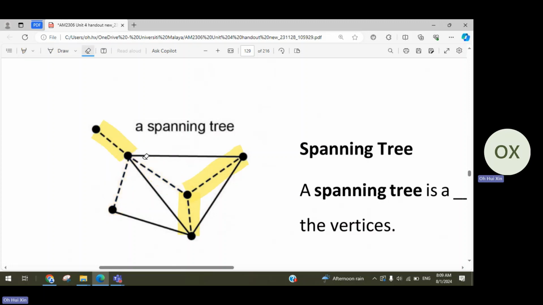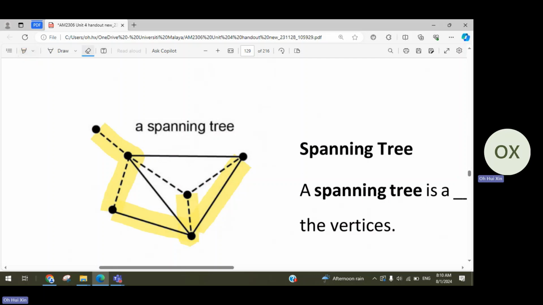Of course, other than the dotted line that's given, I can also have my spanning tree like this, for example. I can also have it like this. This is also a spanning tree because I involve all the vertices, and there's no cycle in my subgraph.